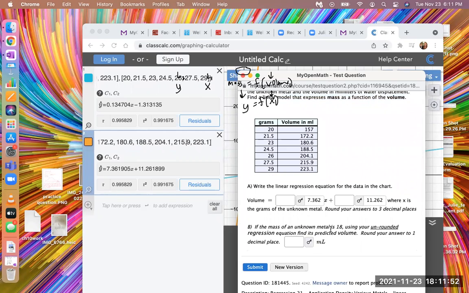If the mass of an unknown metal is 18, using your unrounded equation for this predicted value, find its predicted volume.